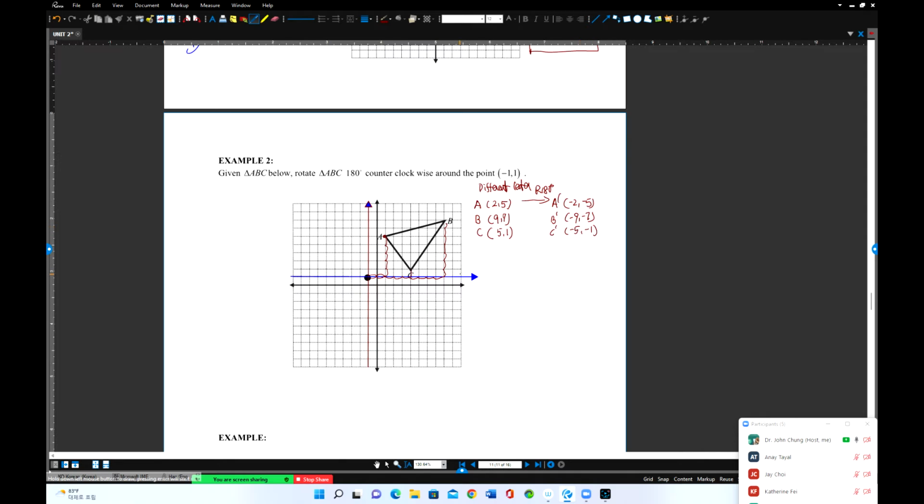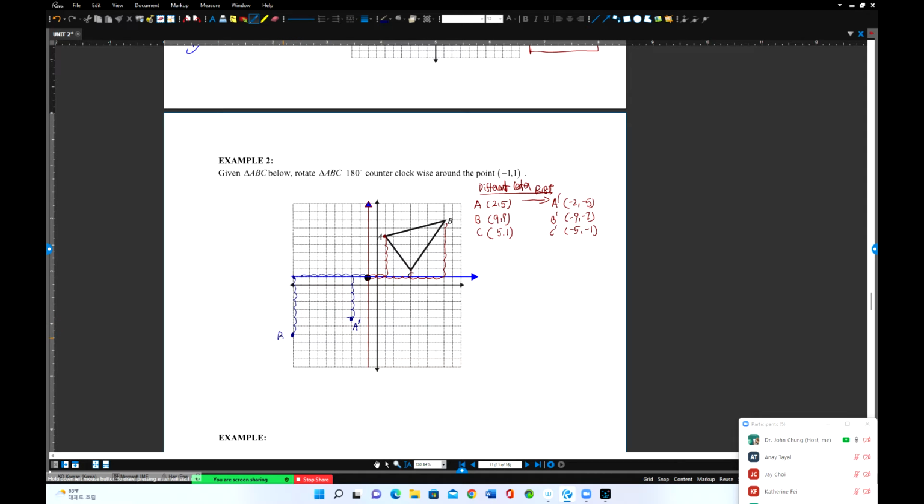Now I'm gonna put the numbers in this way, on a different XY grid. So where is this point? Negative 2, negative 5, this one. 1, 2, negative 2, and negative 5. This is A prime. B prime, negative 9 and negative 7: 1 through 9, and down 1 through 7.